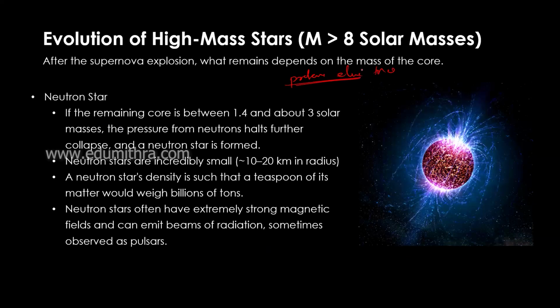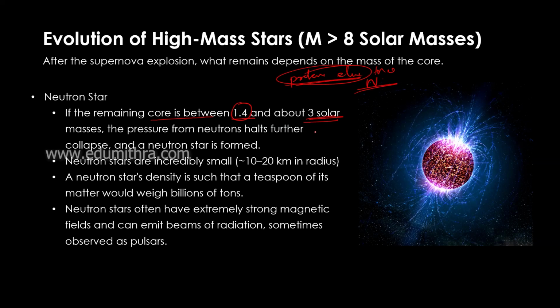These protons and electrons come together and form neutrons. So finally that iron core becomes completely full of neutrons, and that is called a neutron star. This only happens if the core mass is between 1.4 and 3 solar masses. So for 1.4 to 3 solar masses, the iron core will stay like a neutron star.